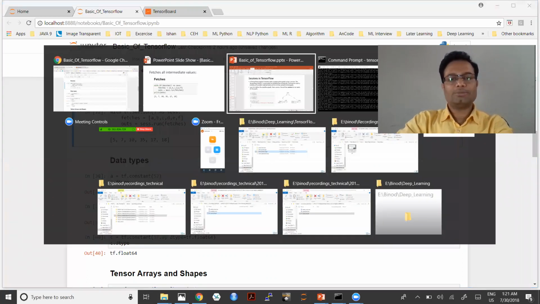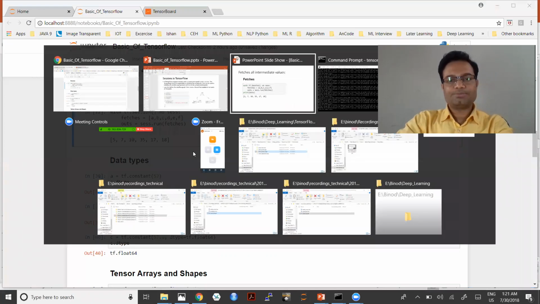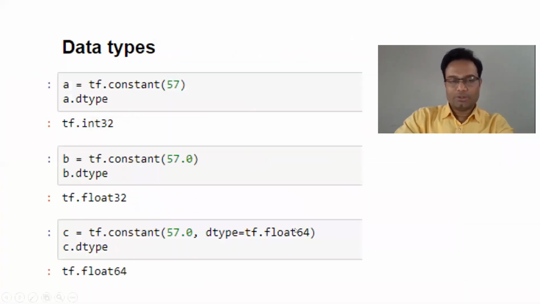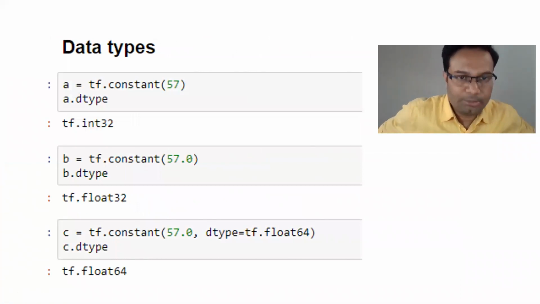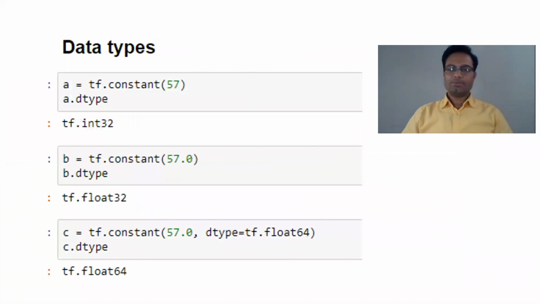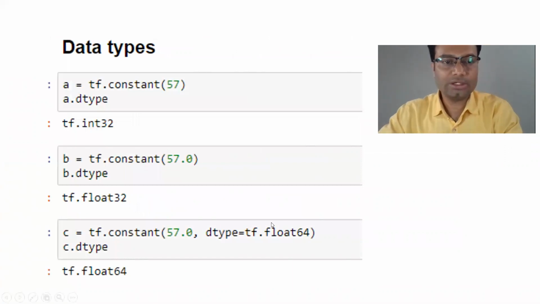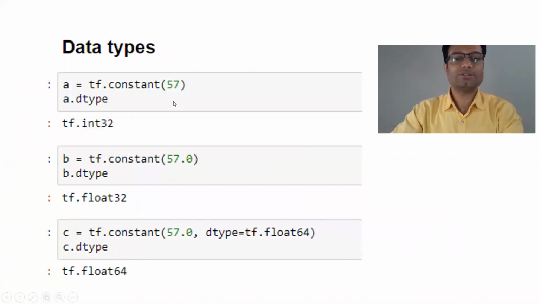Now regarding data types: by default, if you pass numbers, depending upon the data, TensorFlow will define the data type internally and automatically. But on top of that, if you want to define your own data type, you can do that. In this case, I pass the constant 57 and I want to check the data type. The method is dtype.